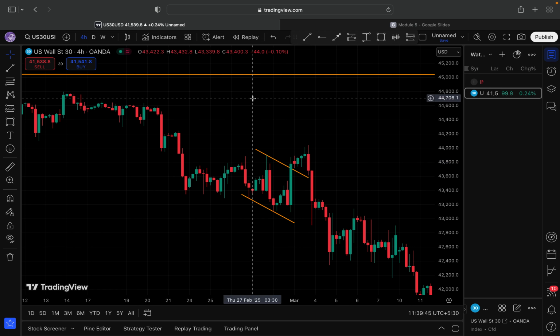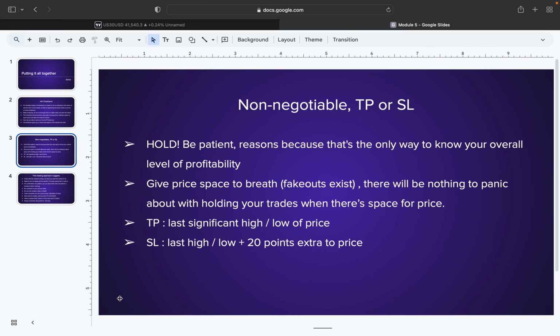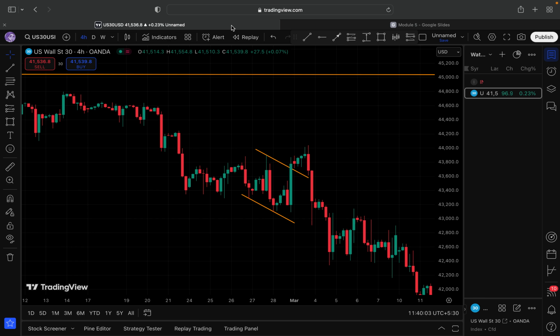Now, why I'm telling you this: the reason why we're adding extra 20 points to price is that, for example, watch what price did here.